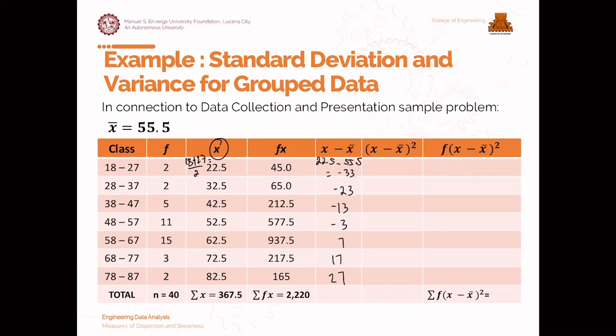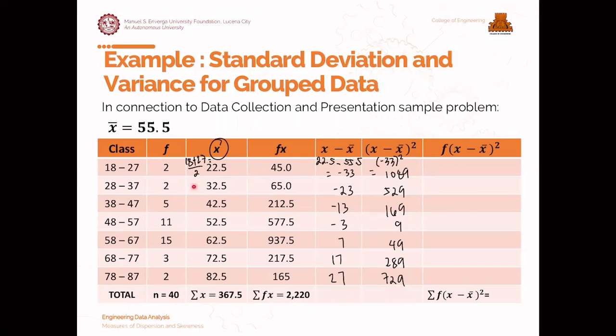Next is to square yung values na yan. Katulad ng ginawa natin kanina. So, ibig sabihin, negative 33 squared equals sa 1,089. So, ito magiging 529, 169, 49. Then we have 289 and 729. Okay? Then yung last column natin is just the multiplication of this column and yung f natin, no?